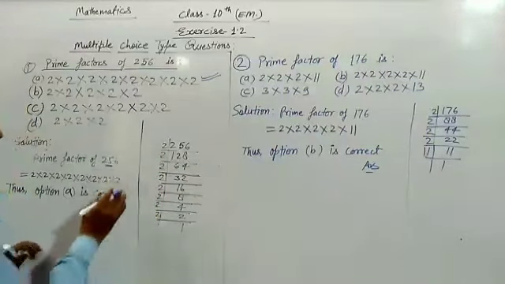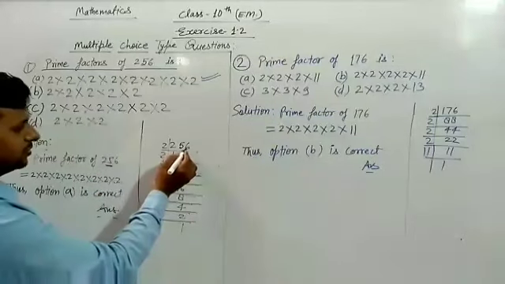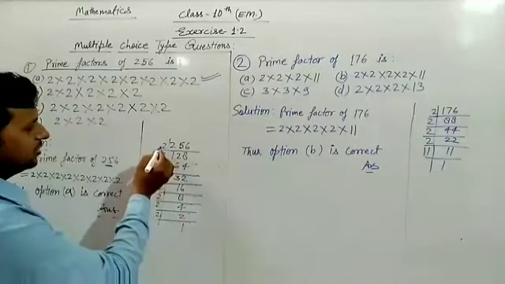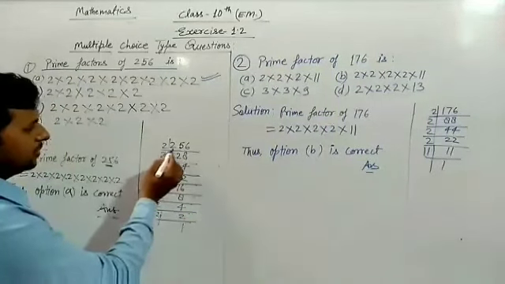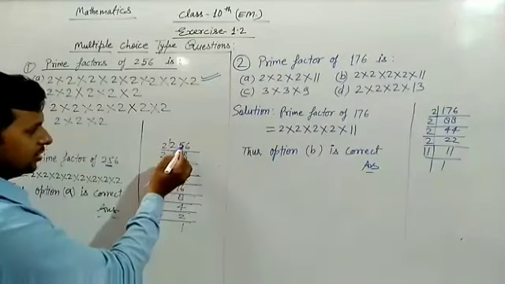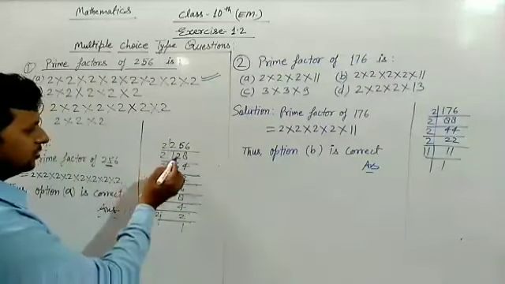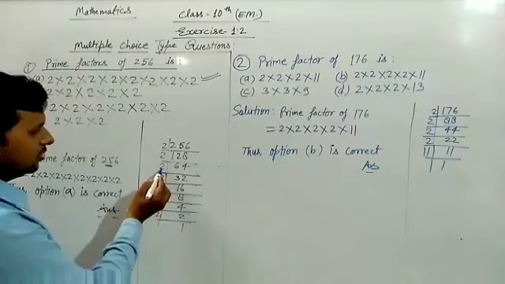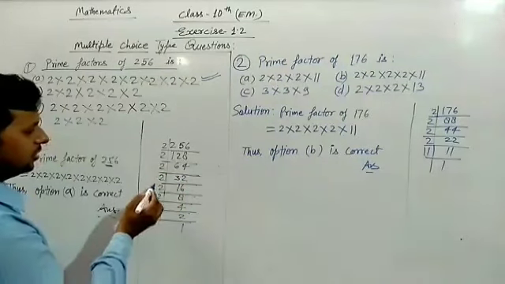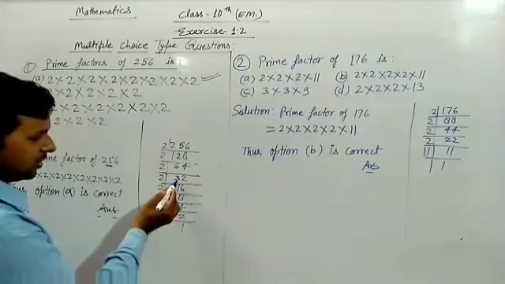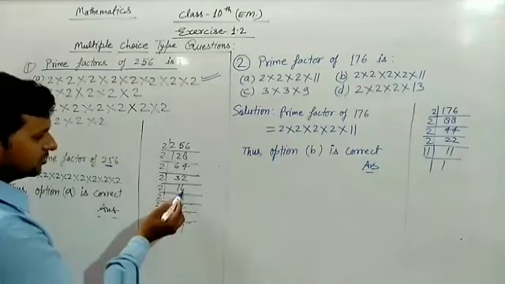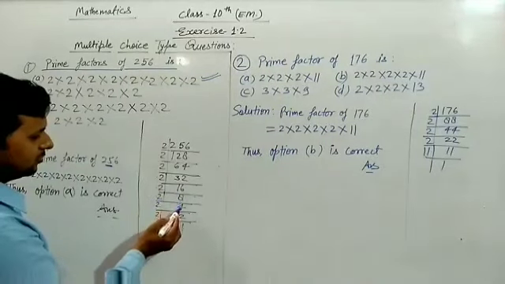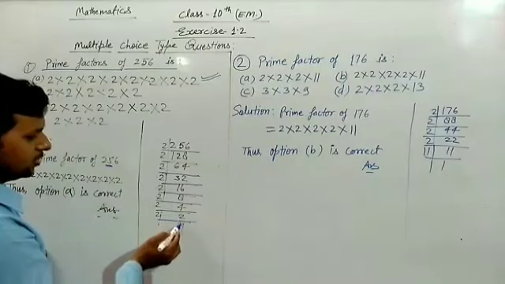Now again we can see how we can factorize it. 256 is written as it is, and it is an even number, so we can divide it by 2. 2 ones are 2, 2 twos are 4, 2 eights are 16, 2 sixes are 12, 2 fours are 8, and again dividing by 2 down to 2.